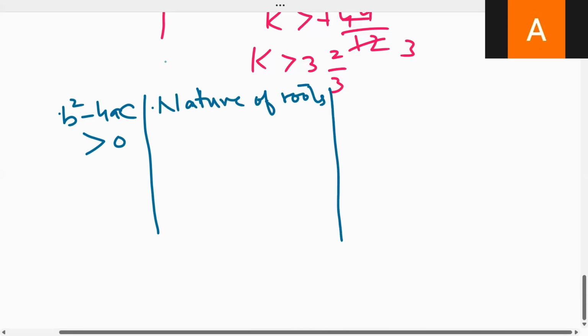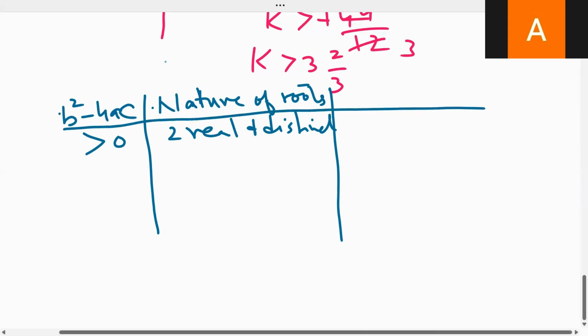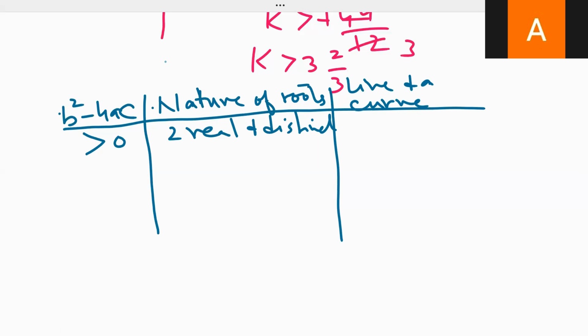You will get two real and distinct roots. And now you are solving a line and a curve. This is the intersection of a line and a curve. And it means that your line will intersect the curve at two distinct points.